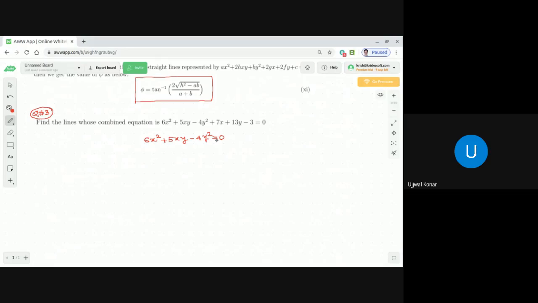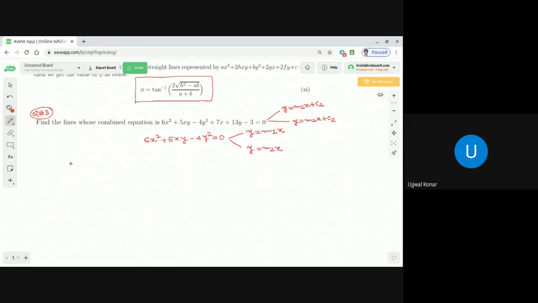Now, what I'm saying is that if this equation represents two straight lines passing through the origin, y = m1x and y = m2x, then the given general equation of second degree in x and y will represent y = m1x + c1 and y = m2x + c2. Obviously, because we just learned that the slopes of the corresponding straight lines of both pairs are equal.